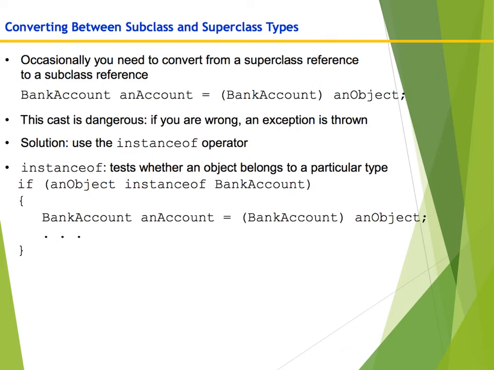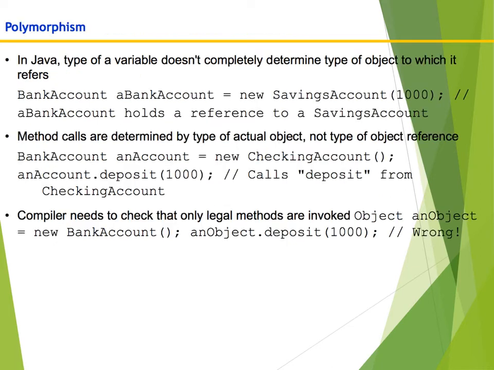For example, in this scenario where we cast an object to a bank account, we can say if anObject is an instance of bank account, then do the assignment, which means bank account anAccount is equal to anObject cast into a bank account type.